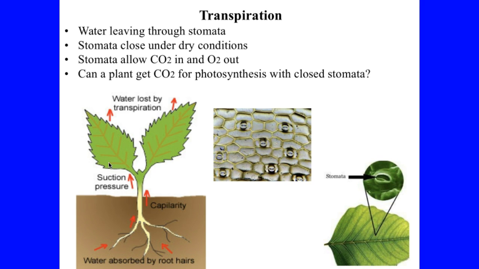Those are all the three components or reactants you need for photosynthesis to occur. Remember, these stomata or guard cells are on the bottom part of the leaf. During dry conditions, plants are able to close them up because they don't want to continue to allow transpiration to occur, which is the loss of water, because they need the water for photosynthesis.